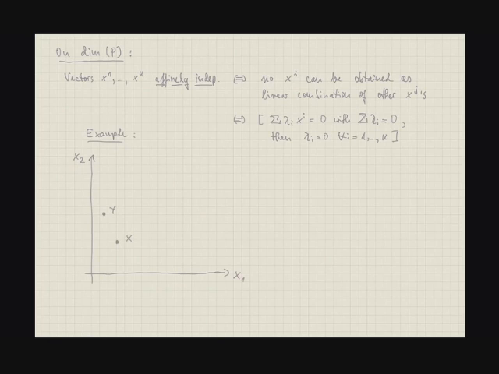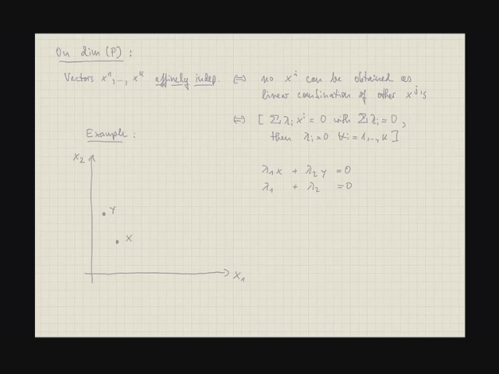So here we have two arbitrary vectors x and y in R2, and let's just write down what the conditions require. So if I have that lambda 1 x plus lambda 2 y is equal to 0 and lambda 1 plus lambda 2 is equal to 0, then affine independence requires that the only solution to this system is the trivial solution where the lambdas are equal to 0.